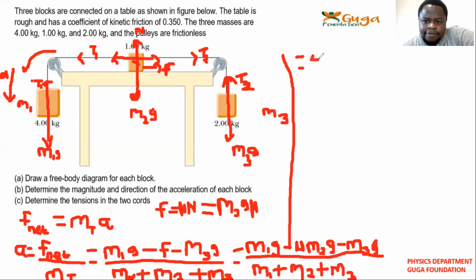You will have the mass of 4 multiplied by G. Or here you can just take out the common factor of G, right? So you'll have M1 minus mu, which is 0.35.